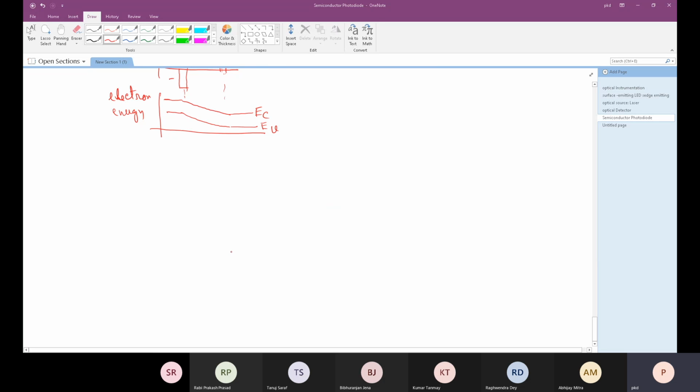So that way PIN photodiode is a popular device.